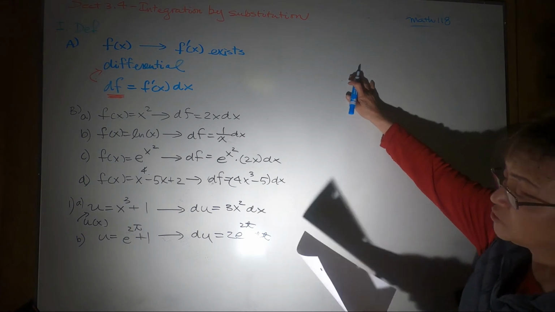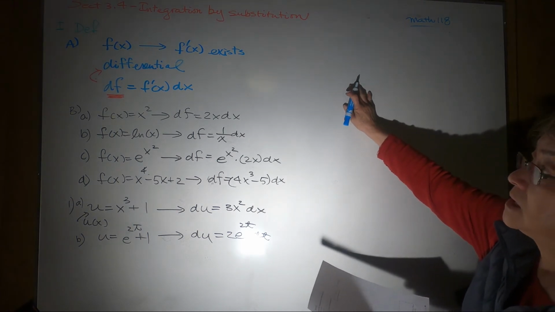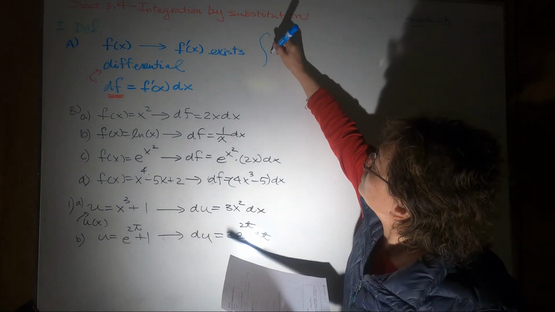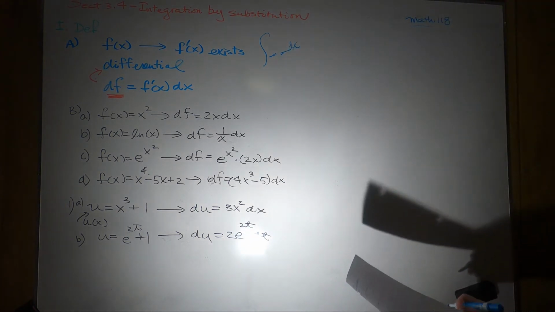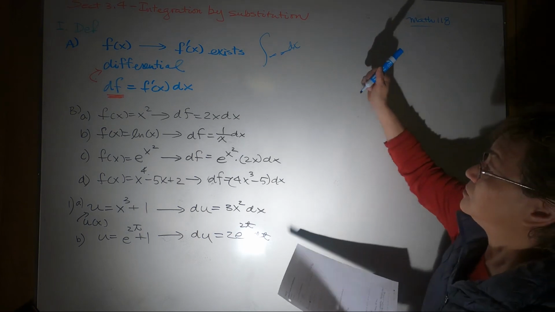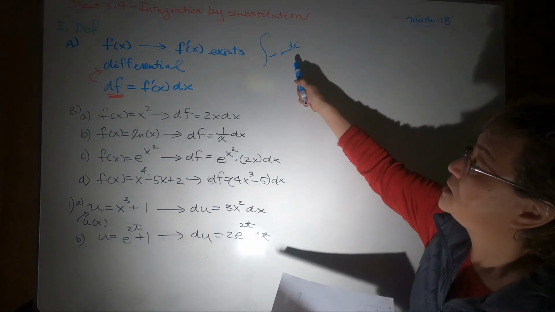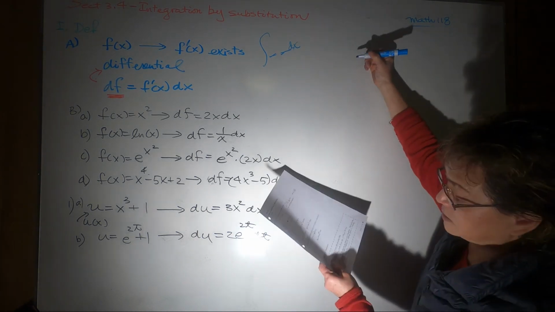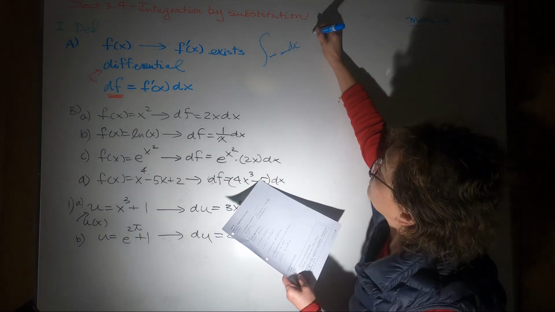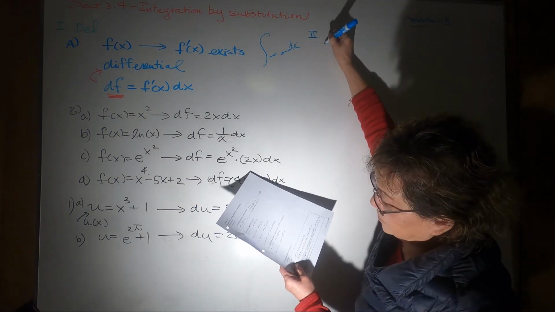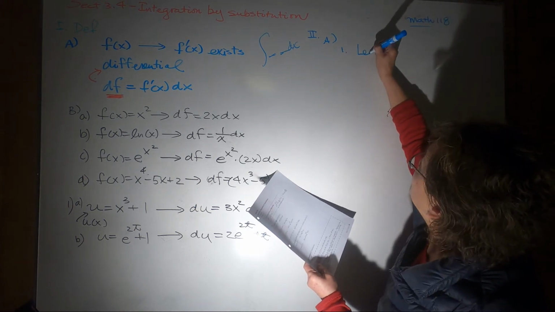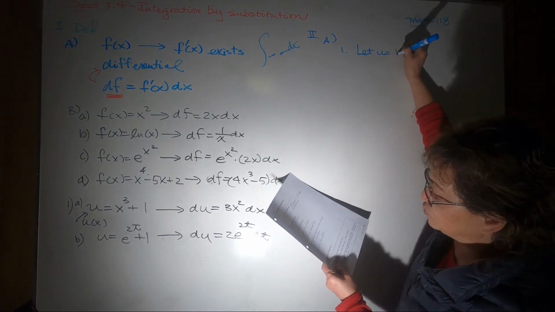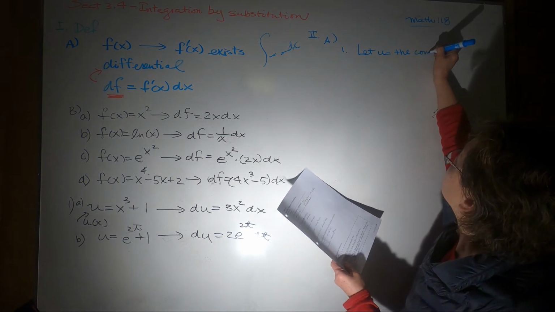So when the situation gets complicated, and inside the integral you have more than one basic thing, then we are going to substitute something with u. So, your second part, the steps.